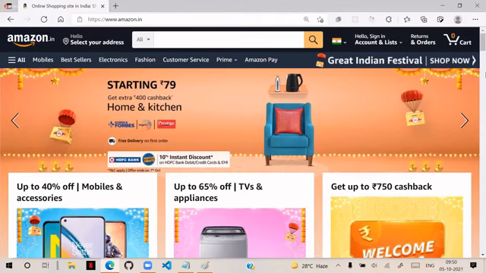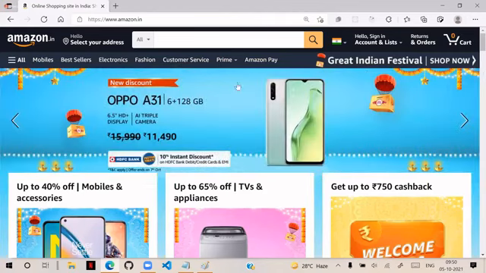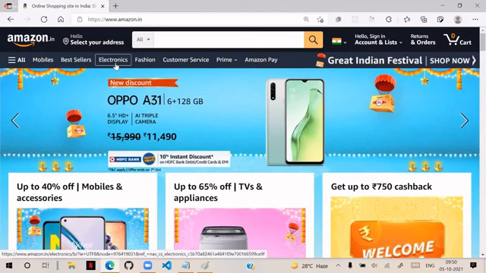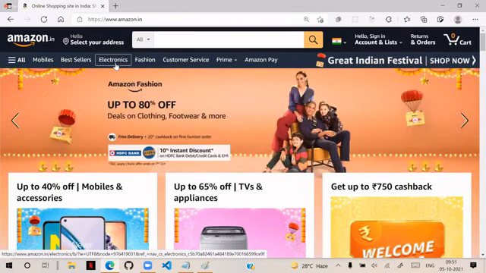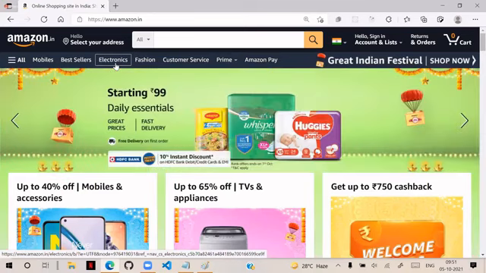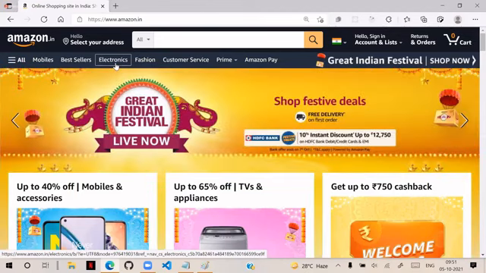For example, if I click on electronics, it will get electronics information. That means what you are watching on screen, beyond that a lot of details are present. This is a hypertext document. A hypertext document means a document which has content beyond what you see.